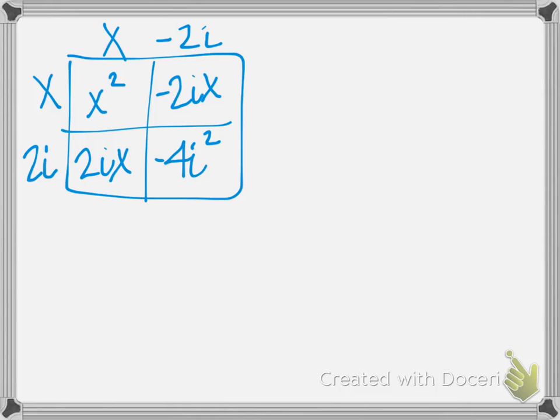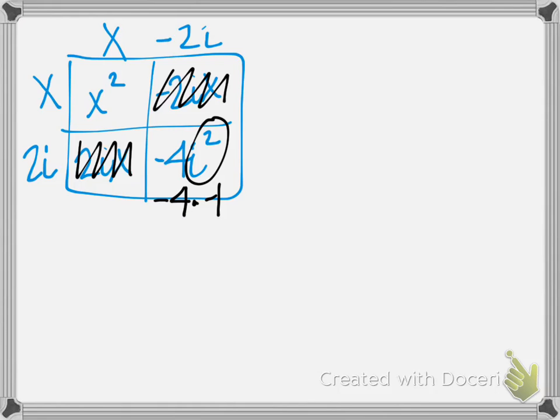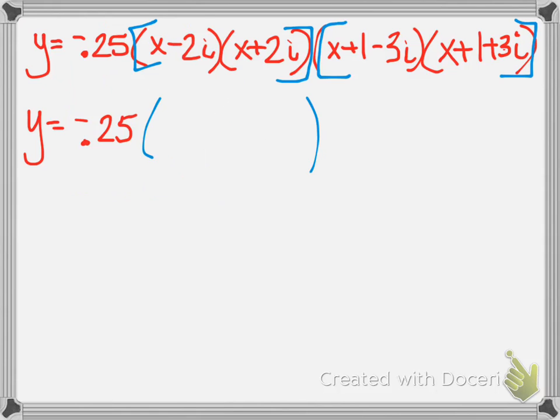So my 2ix and my negative 2ix, these guys cancel. The negative 4i squared, remember I squared is a negative 1, so this is negative 4 times negative 1, which gives me a positive 4. So I have x squared plus 4. So that's what that first bracket simplifies into, x squared plus 4.